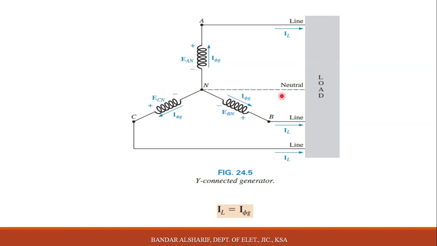When we start talking about a three-phase system, because it is a three-phase system, we need to connect each phase to the other, and we have two types of connection. Either Y connection, this is called Y connection, or it has another name called star connection.